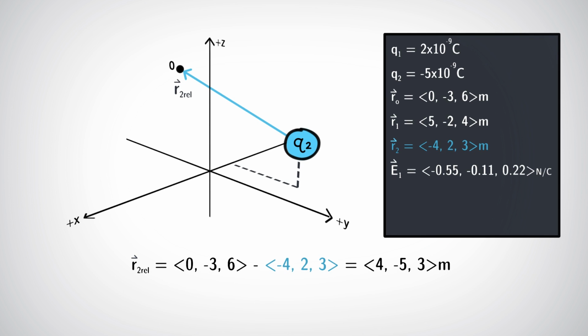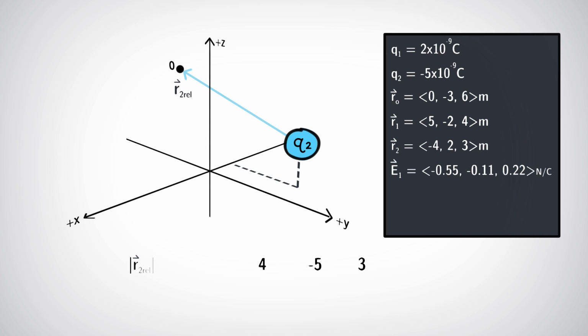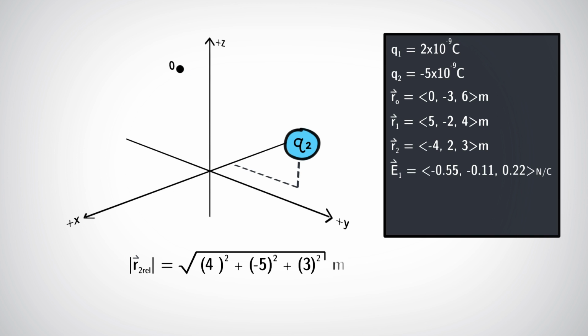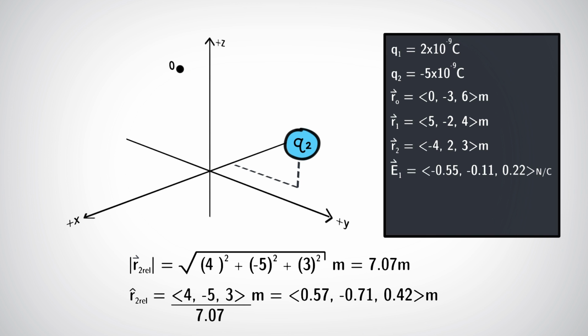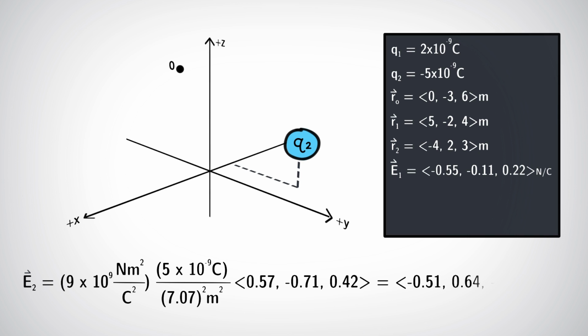We also need to compute the magnitude and the unit vector for R sub 2 rel. Now with these quantities in hand, we can compute E2, the electric field at location O due to Q2.